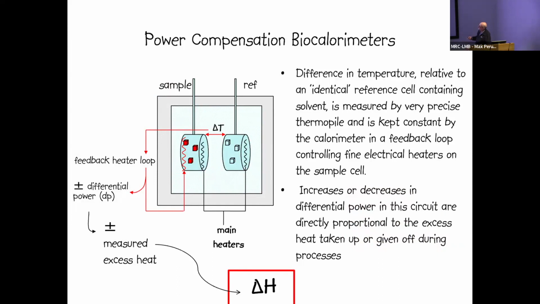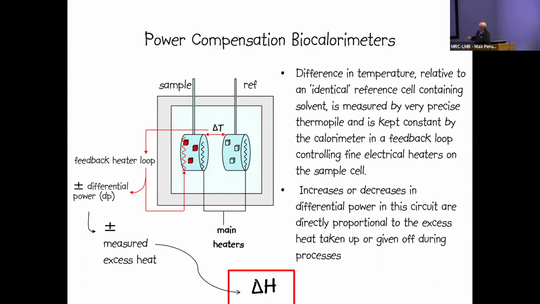And in this case, we have 2 cells. We have a reference cell, which is almost as identical as it can be to our sample cell. And we measure the difference in temperature between these 2 cells using a very precise thermopile. And we try to keep this difference in temperature as constant as we can using a series of feedback heaters.